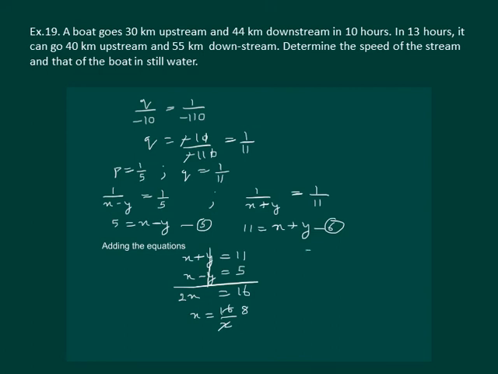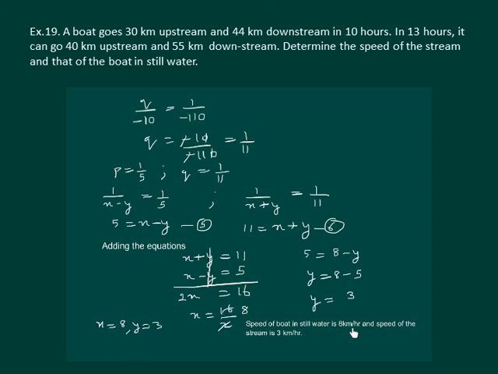We get 5 equal to 8 minus y, or y equal to 8 minus 5, y equal to 3. Hence x equal to 8 and y equal to 3 gives us speed of the boat in still water is 8 kilometers per hour and speed of the stream is 3 kilometers per hour.